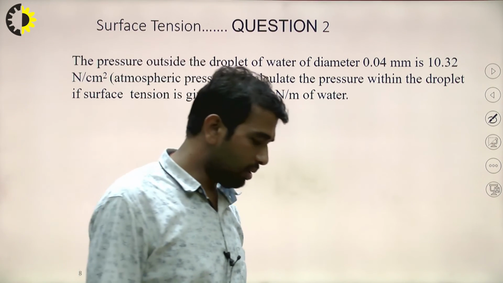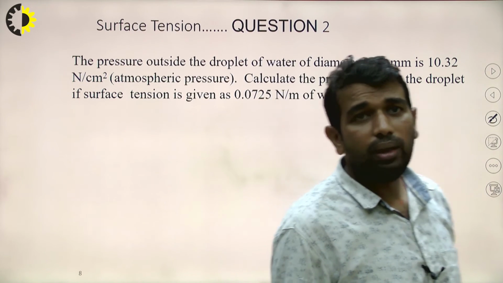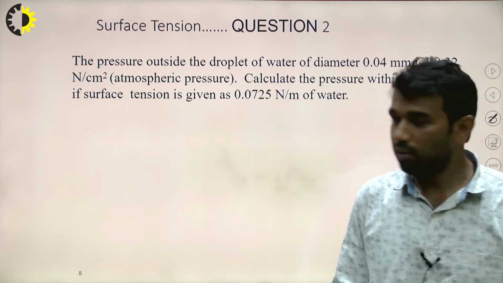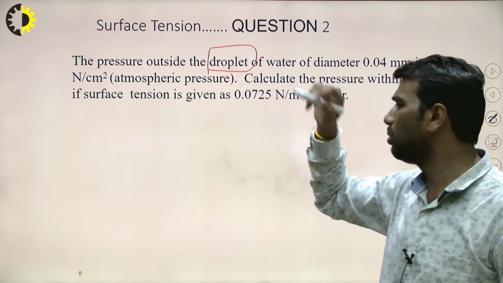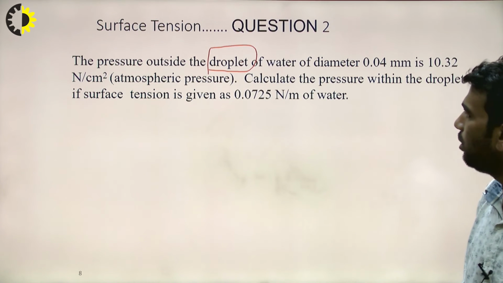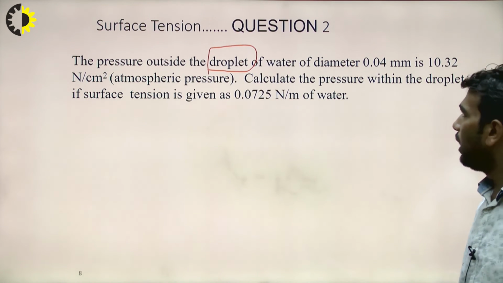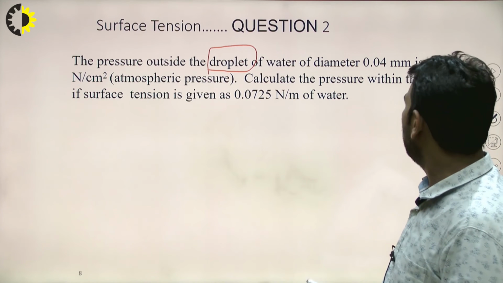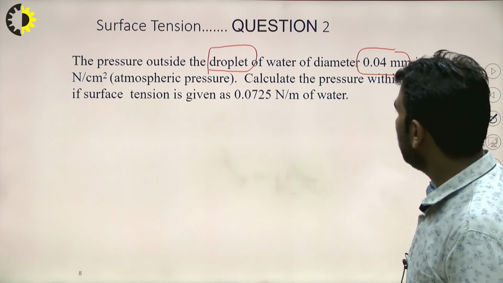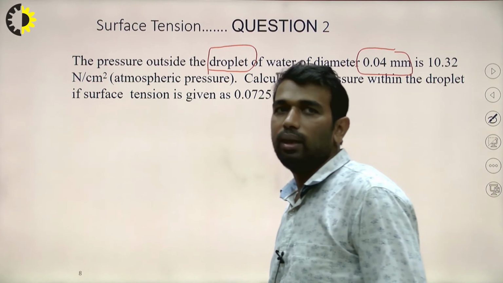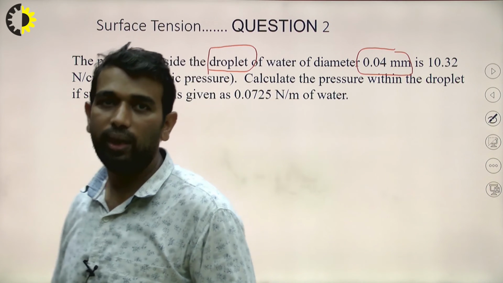Another problem is given here. Let's discuss it. The previous problem was for the bubble, so here we are going to talk about the droplet. The pressure outside a droplet of water of diameter 0.04 mm, it's very small, is 10.32 Newton per centimeter square, atmospheric.